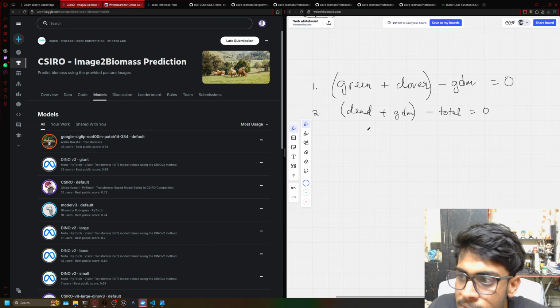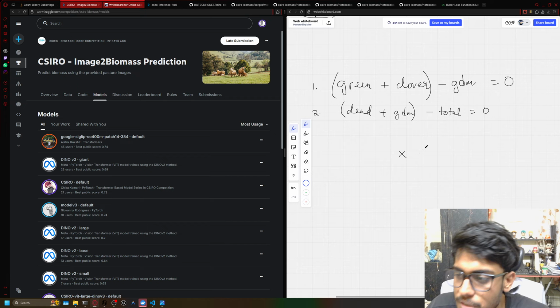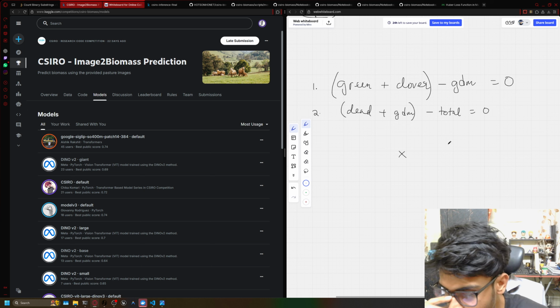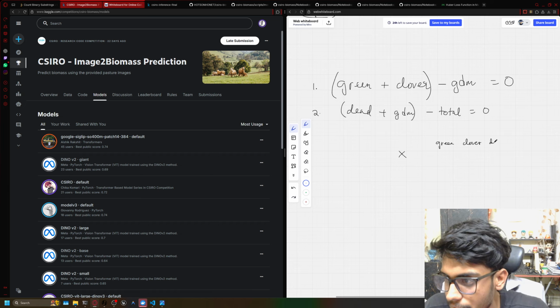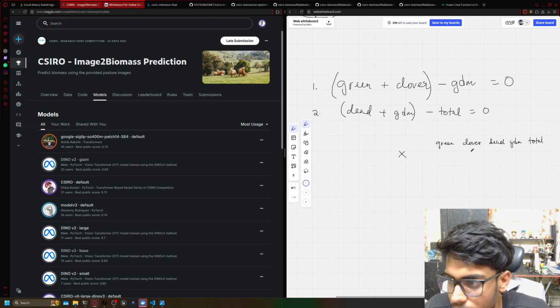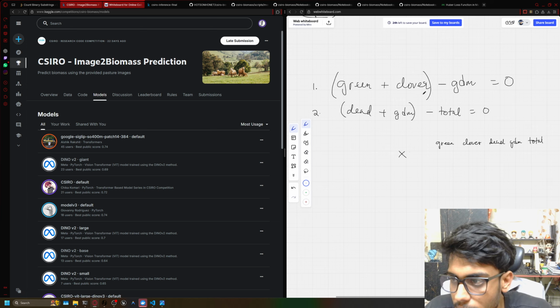Let's say my predicted value is X, where X is basically all the predictions: green, clover, dead, GDM, and total. Let's say this is the prediction matrix. I can apply the constraints like this.